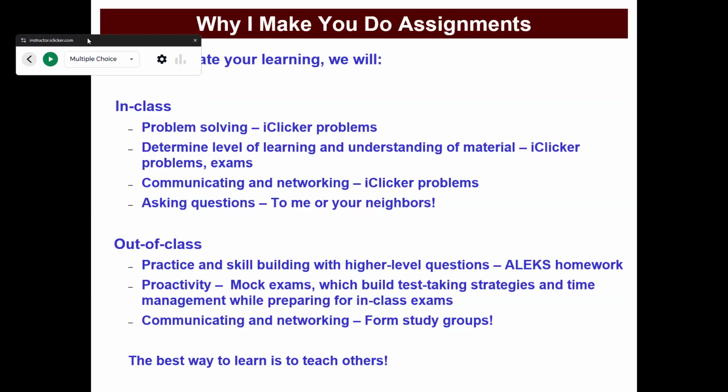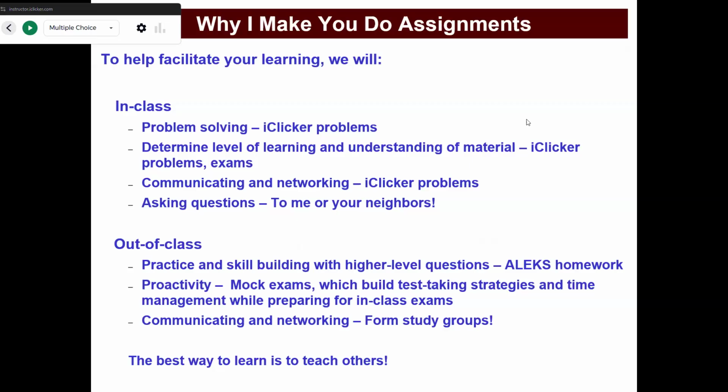Okay, so I went over this or skipped over it last time, but why I make you do assignments, there's a why. It's not just because I'm mean. I make you guys do assignments in class. I make you do problem solving with iClicker problems. They help you with problem solving, determining the level of understanding of the material, communicating with your neighbors.